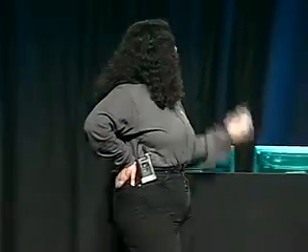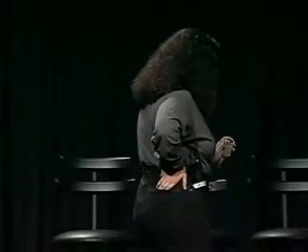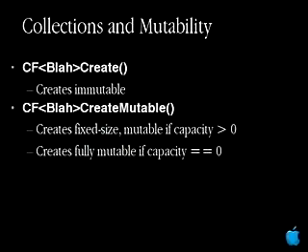So the way it works is this. When you call CF string create, CF array create, whatever, you're going to get back a fully immutable object. When you call CF array create mutable, you will get back a mutable object. If the specified capacity is greater than 0, that will be taken as the maximum capacity for your collection.